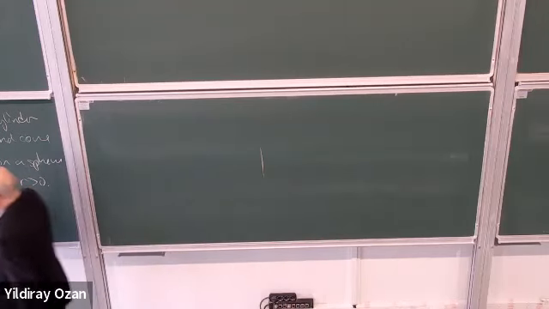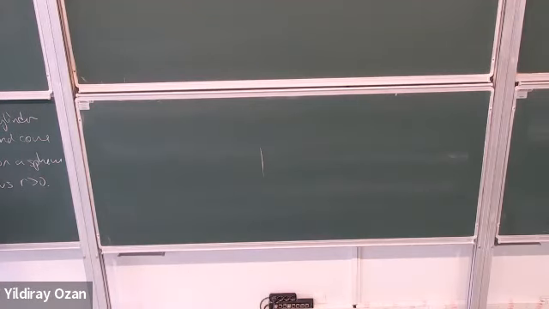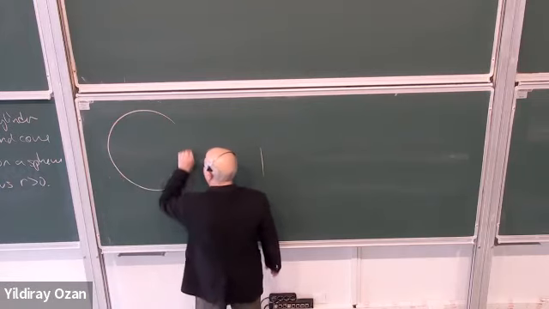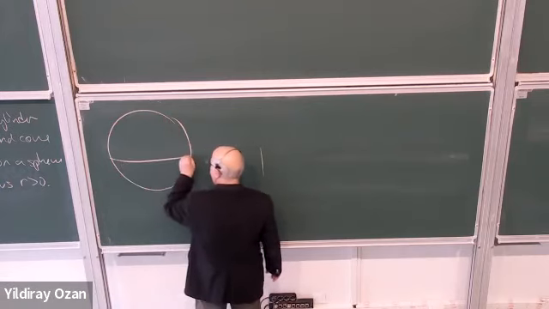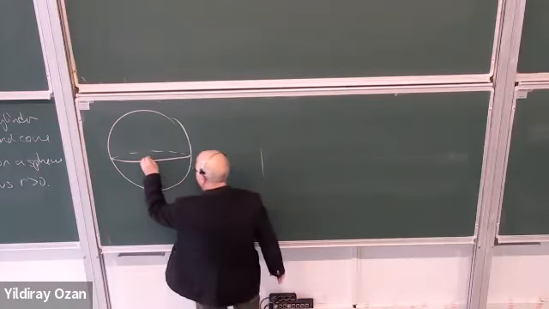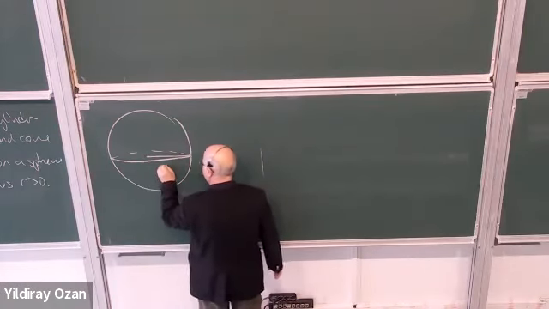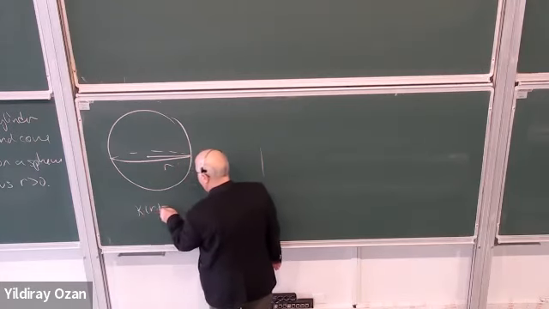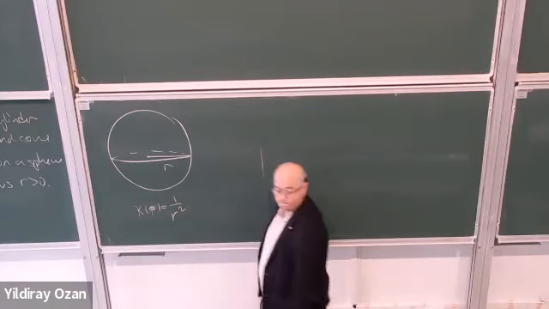A surprising thing about this is the following. Suppose you have a sphere, a huge sphere of radius, doesn't matter, whatever the radius is, let's say r. Then we know that the curvature at any point is 1 over r squared.